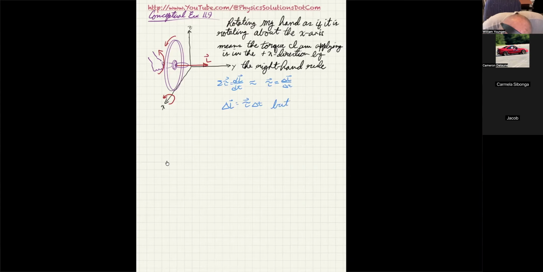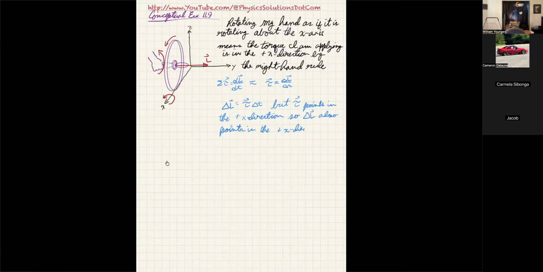But the torque points in the positive x direction. So delta L also points in the positive x direction.